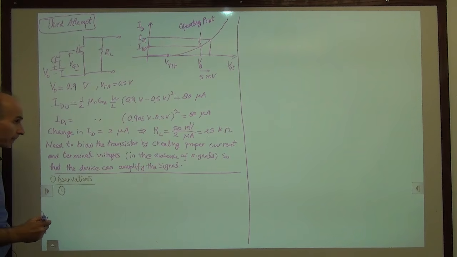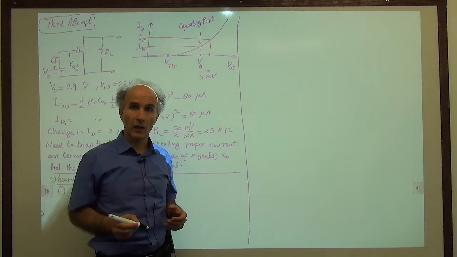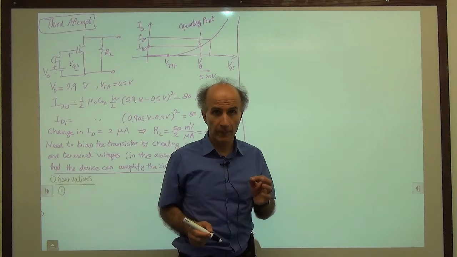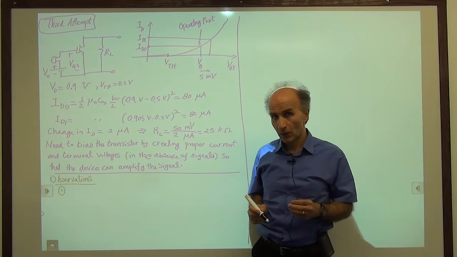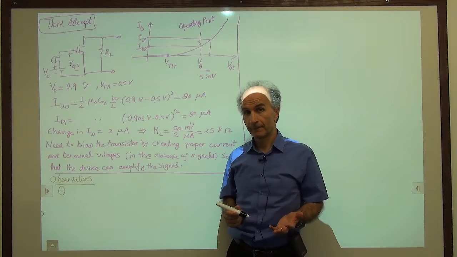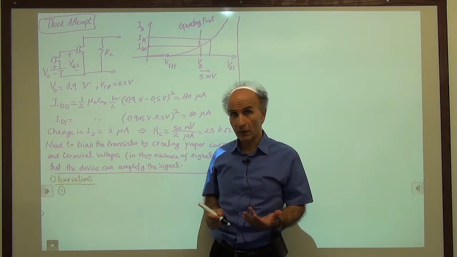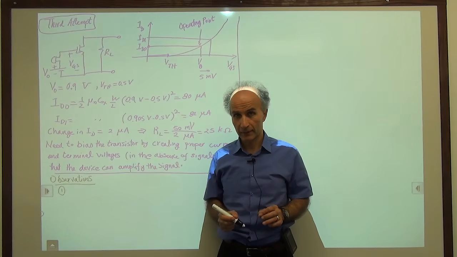Okay, so number one, what we have seen is that the MOS device can operate as a voltage-dependent current source. So we give it a voltage, it gives us a current. Such a device is also said to convert a voltage to a current.